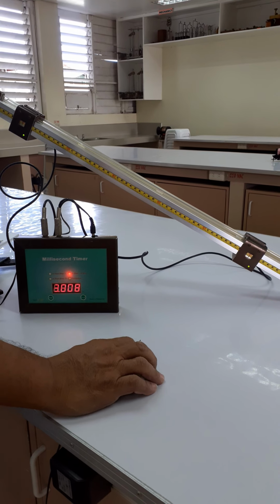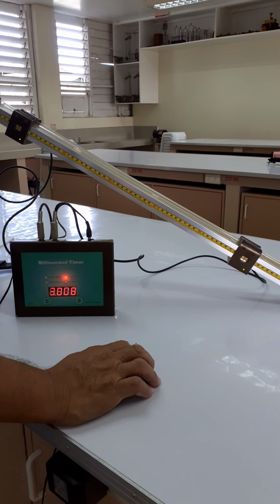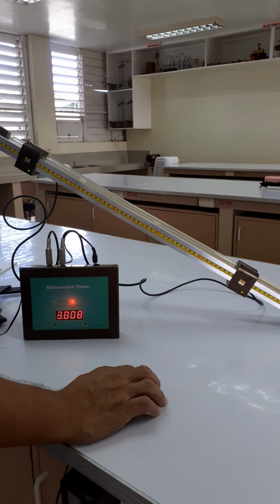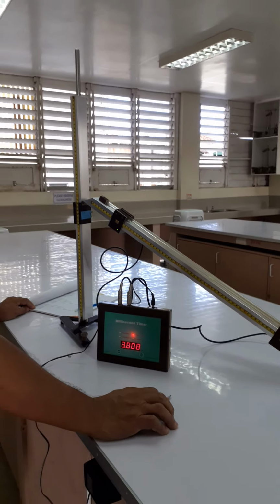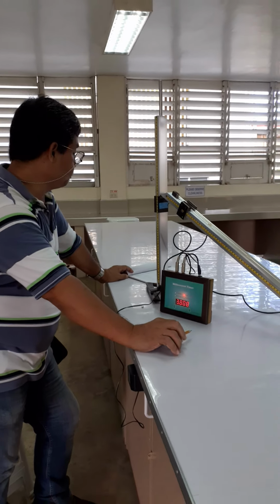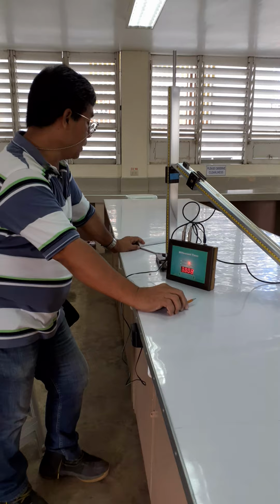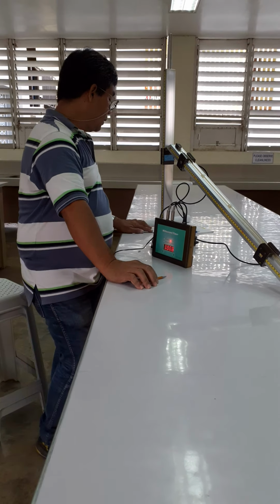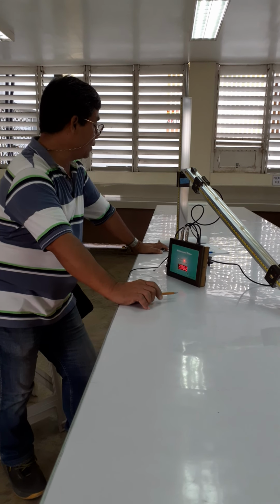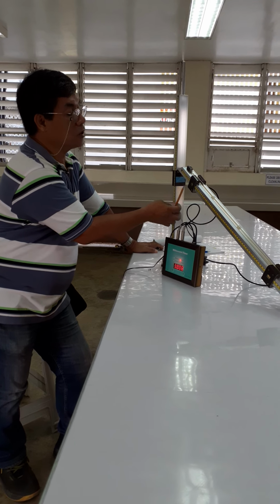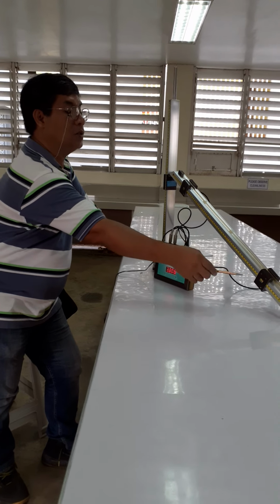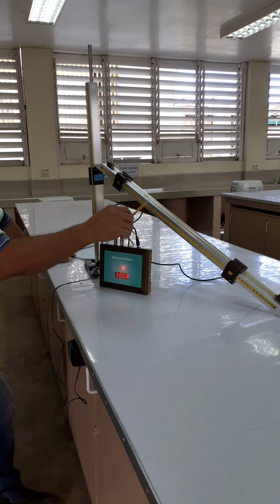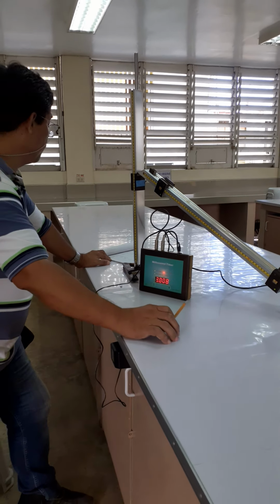Then the next is you have to take uniform or constant distance intervals. That is the next setup of the apparatus. In the manual, you place it from 10 to 20, meaning it starts at 10 and ends at 20. The next is 20 to 30, then 30 to 40, 40 to 50, 50 to 60.